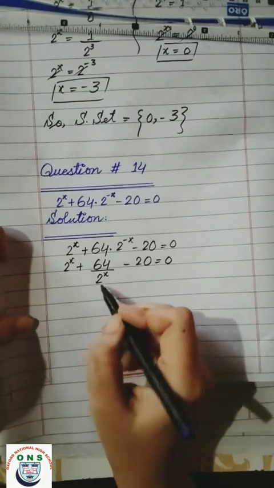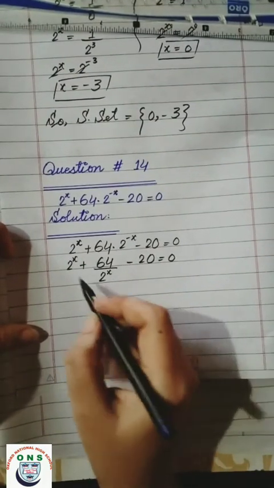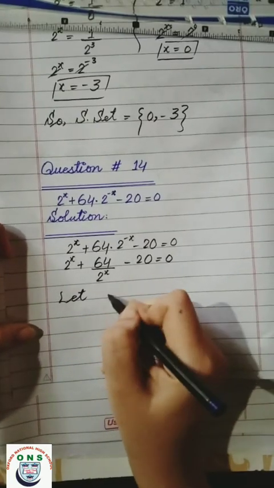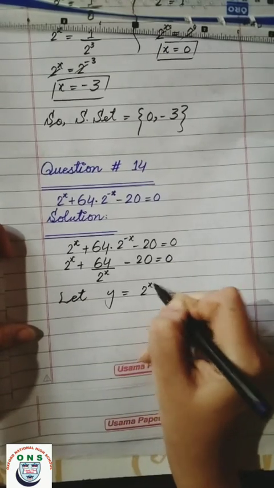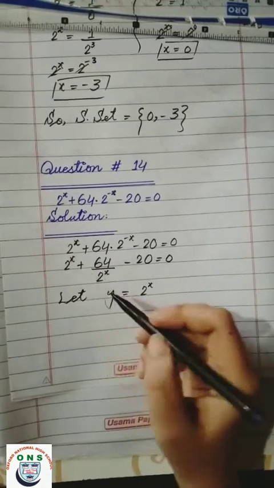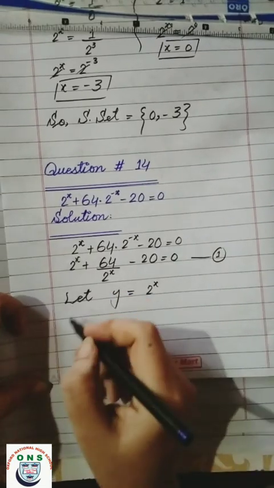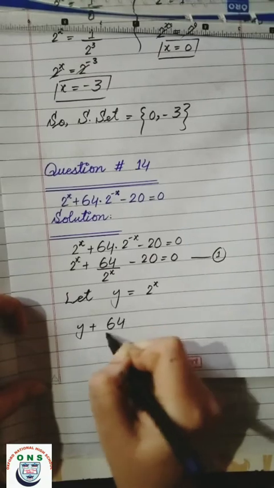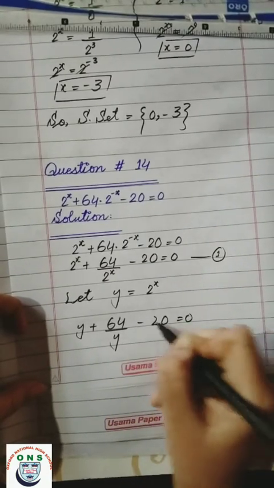Now it's an easy task to solve, because the negative power is converted into positive. Again we will let y be equal to 2 raised to the power x, as we did in the previous one. Now you can place the value of y in equation 1. It will be y plus 64 by y minus 20 is equal to 0.